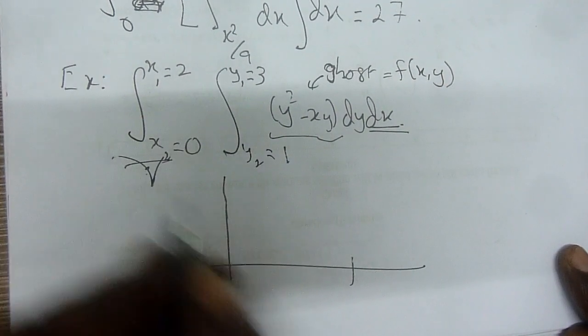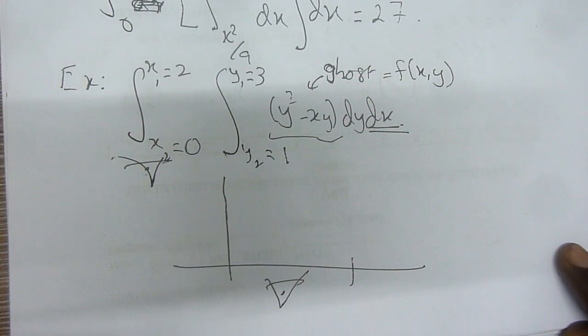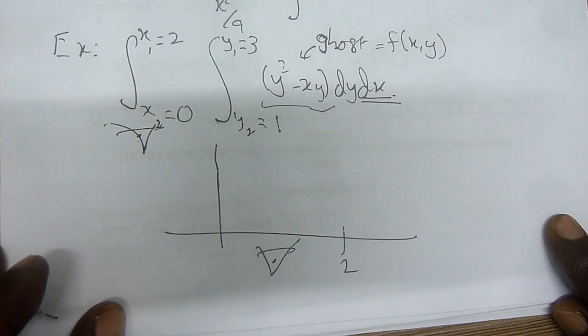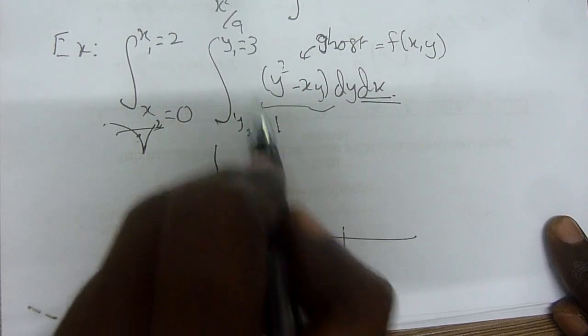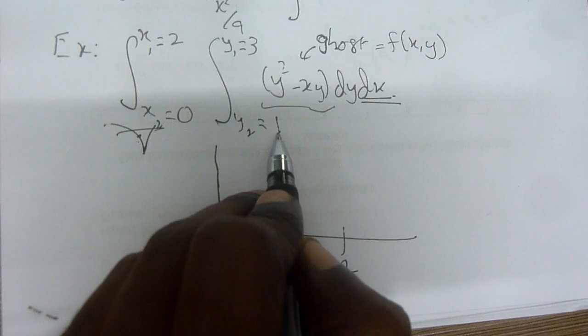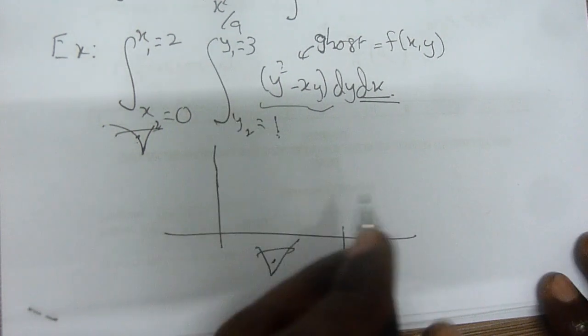Remember, your eye is here. When you place the eye, you can see something there, whereby 0 to 2. Then, what is the control point here? The control point is 1. 3 to 1. 3 to 1.